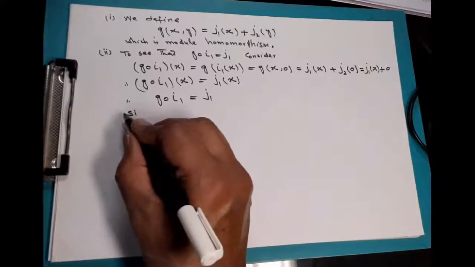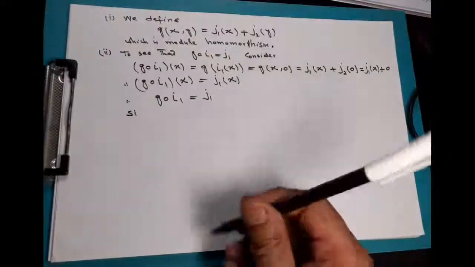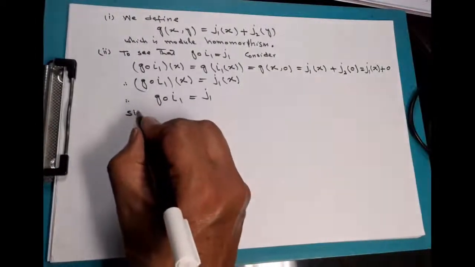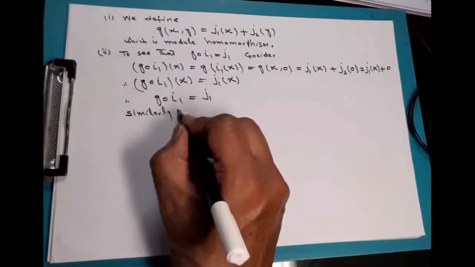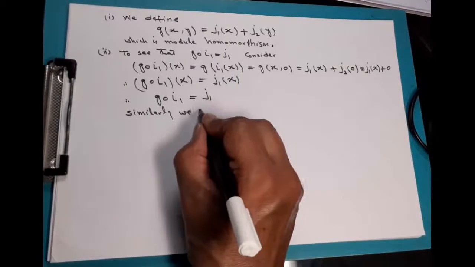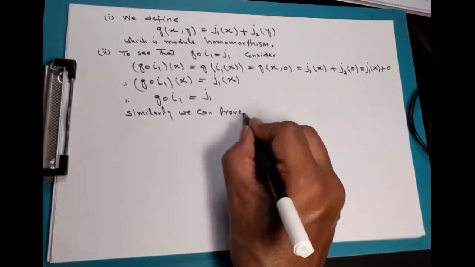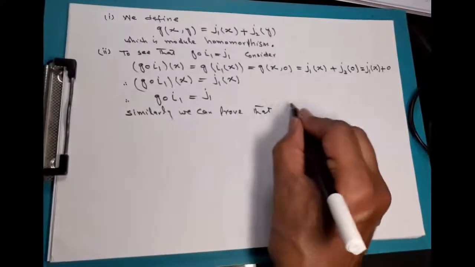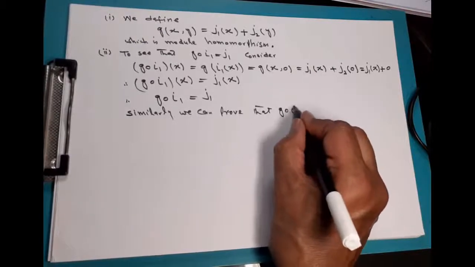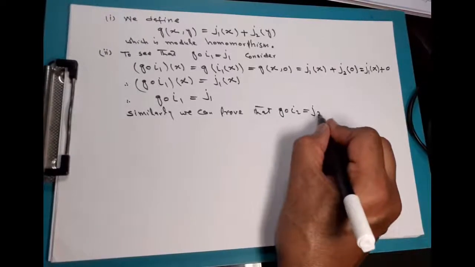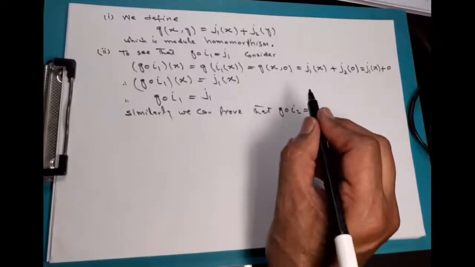We have done one of these two; this one can be done similarly. So similarly we can prove that G circle I2 is equal to J2, and having done that, we have concluded that the diagram commutes.